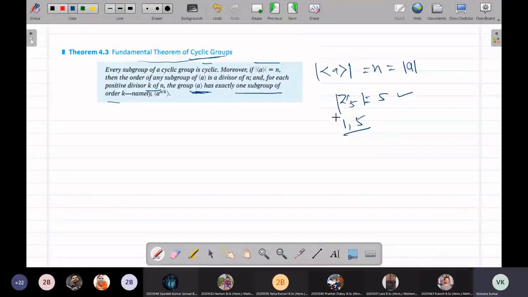That is, Z5 has 2 subgroups, namely of order 1 and of order 5. So it has one subgroup H1 of order 1 because 1 divides 5, and it has another subgroup, Z5 itself, of order 5.